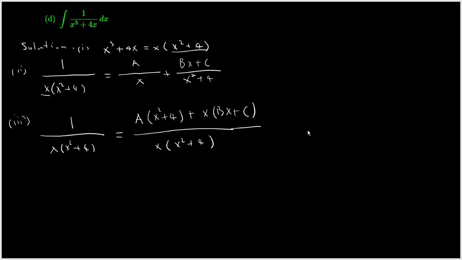The two numerators have to be the same, right? Have to be equal. So you have a times x squared plus 4, and then plus x times bx plus c equals 1. Again, it's possible to use some particular values of x to determine the constants.